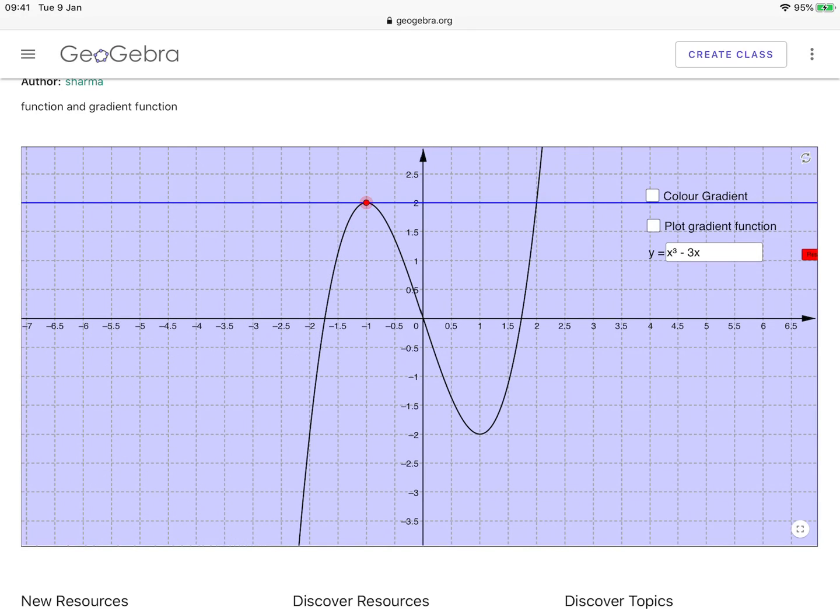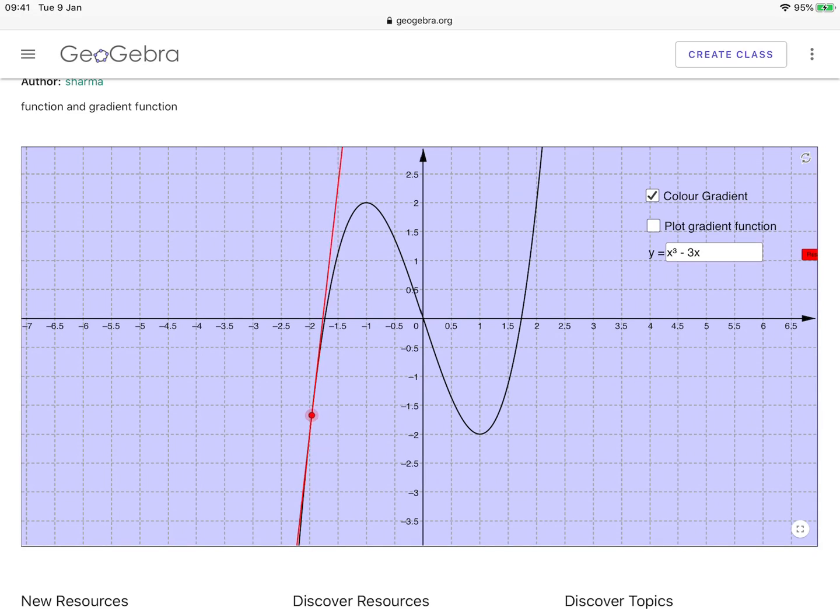Think to yourself, what's going to happen there? Where will the gradient function go? The gradient is always negative, negative, negative. Then there's a key point around here. What's going to happen there? Try and think about it before I plot it. Then my gradient's going to be positive, positive, positive. It keeps on getting positive. So let's plot it now.